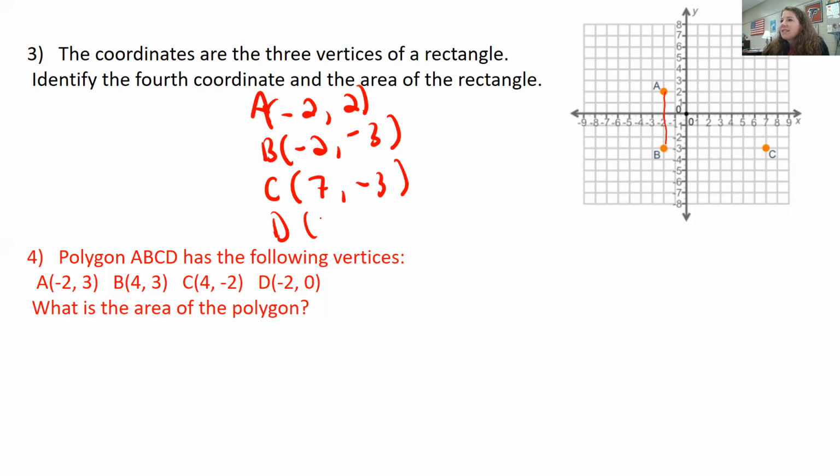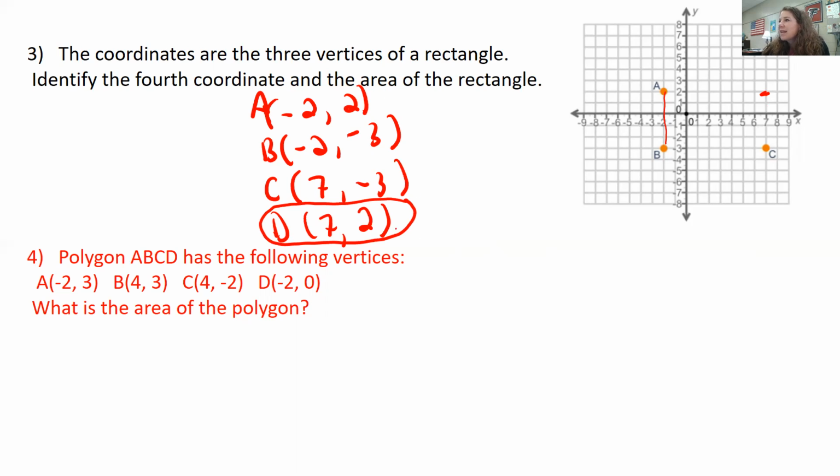What's the only number that doesn't repeat twice? +2. So we have 2 7s, 2 -3s, 2 -2s, and now 2 +2s. So D's coordinate is at 7, 2, right there, to make that a rectangle.